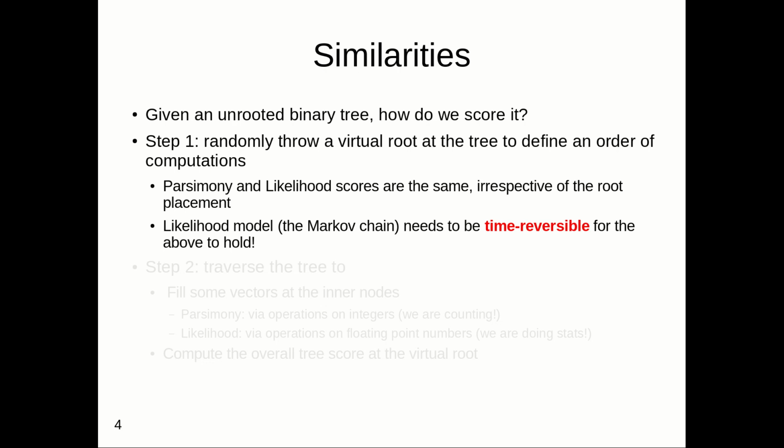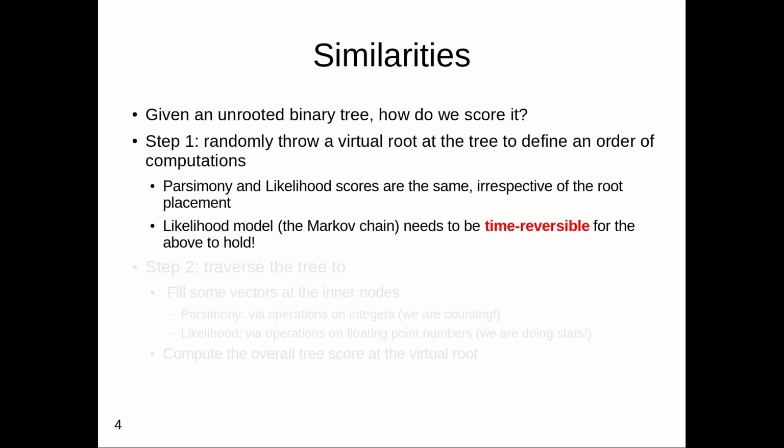So parsimony and likelihood scores are the same irrespective of the actual root placement, right? Regardless of where I place the root, I'll get the same parsimony score and the same likelihood score. For likelihood, of course, we're assuming that the likelihood model, the Markov chain, is time reversible.